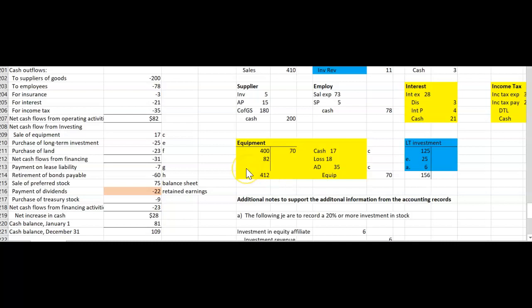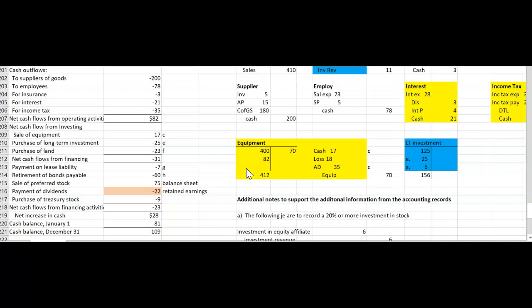Now, let's go to H. $60 million bonds were retired at maturity. If you go up to the balance sheet, you can see there were bonds matured, because the beginning balance of the year was $275. Now it's $215. That's 60. So that, in fact, is balanced.